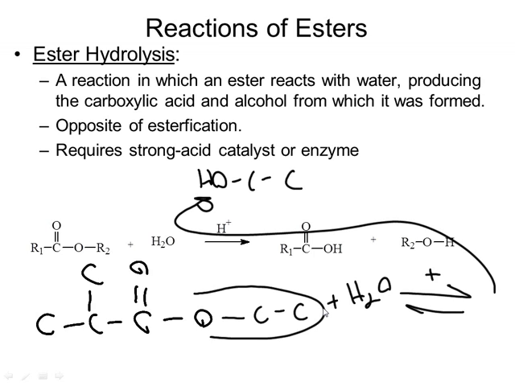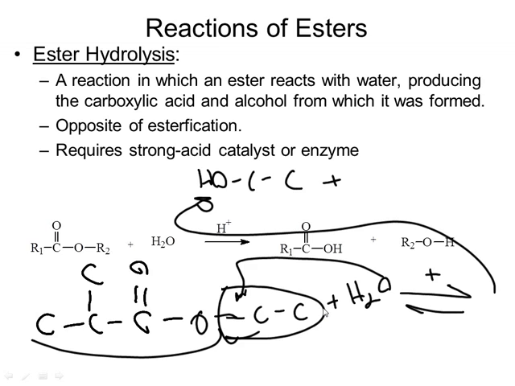Right? Here's where I'm getting ethanol from. Plus, to be consistent with how I've been doing it, I'll say this is the alcohol, and we're going to stick the OH onto here. And then the rest is simply the carboxylic acid, and we give the hydrogen to the oxygen there, so it becomes this. We simply go back to the component parts.